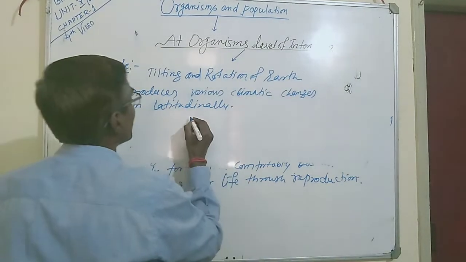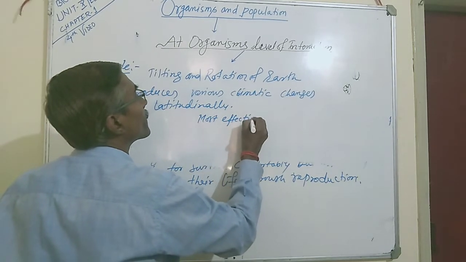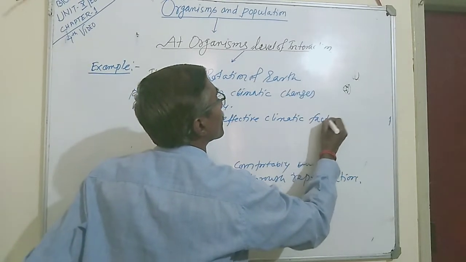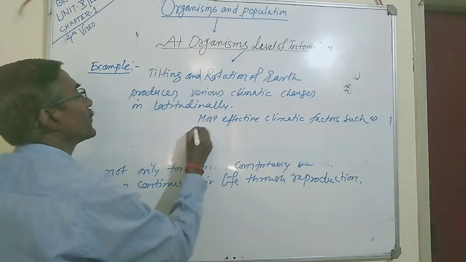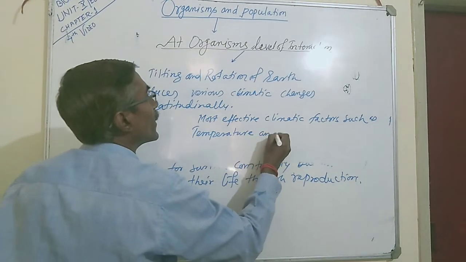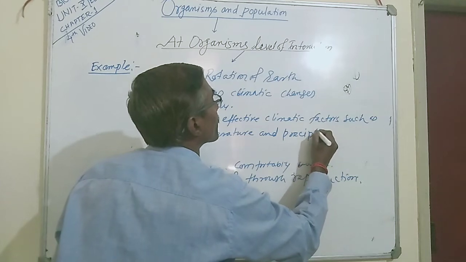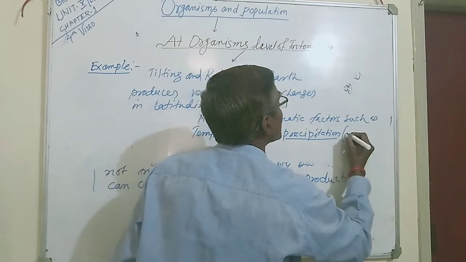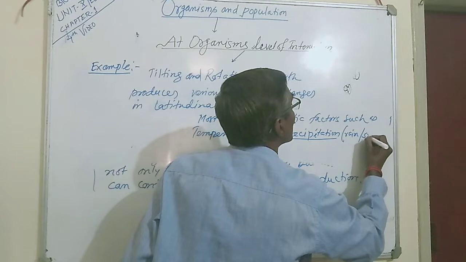Definitely, the most effective climatic factors are temperature and precipitation. Precipitation is rainfall and snow, both.